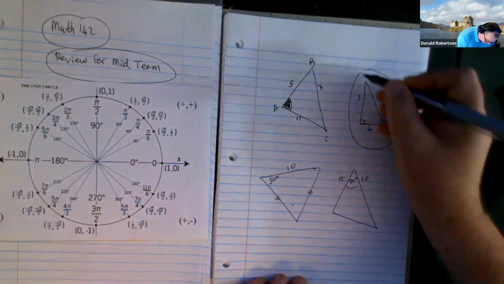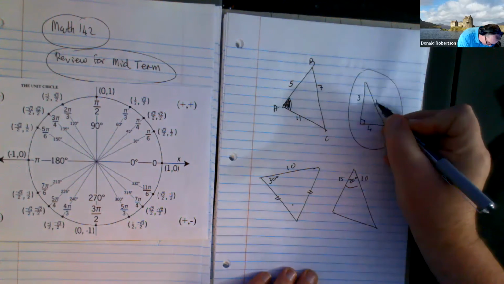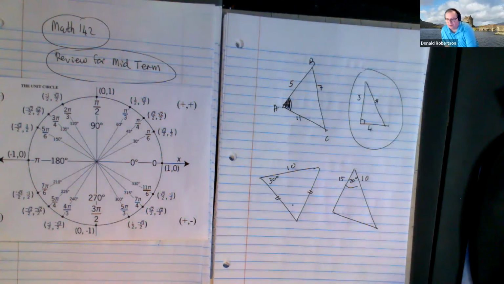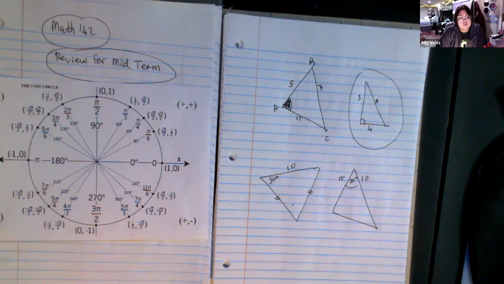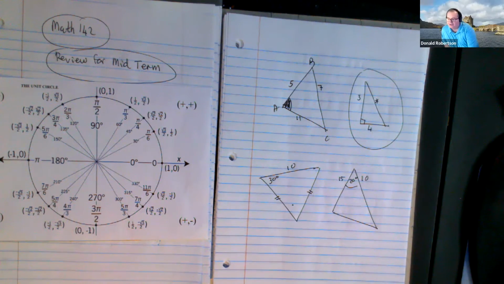Suppose I was doing this one and I asked you for that third side, the one I put a little asterisk on. What method would you use to find that one? Couldn't you just use the Pythagorean theorem? That's exactly what I wanted to hear, yes.